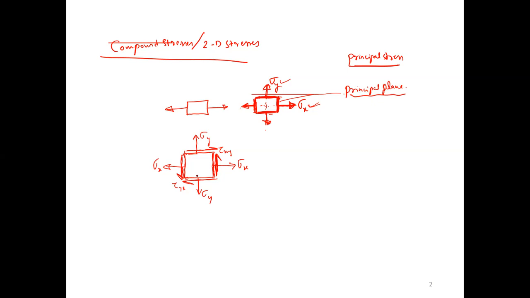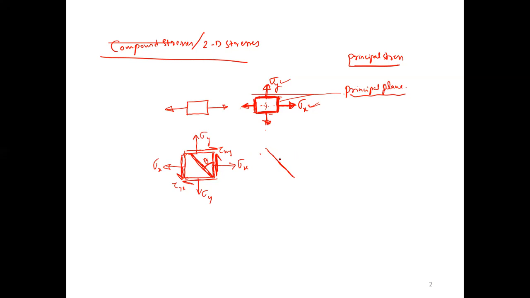The principal plane for these cases may act anywhere inside the body, with inclination with respect to the vertical. So now this is the principal plane. If I consider that plane only, just observe: this is the inclined plane, that is the principal plane.